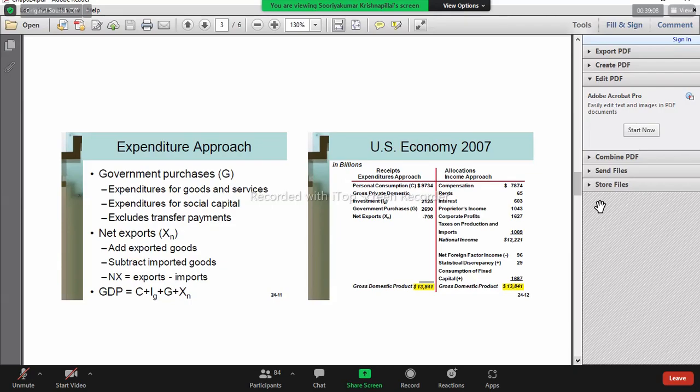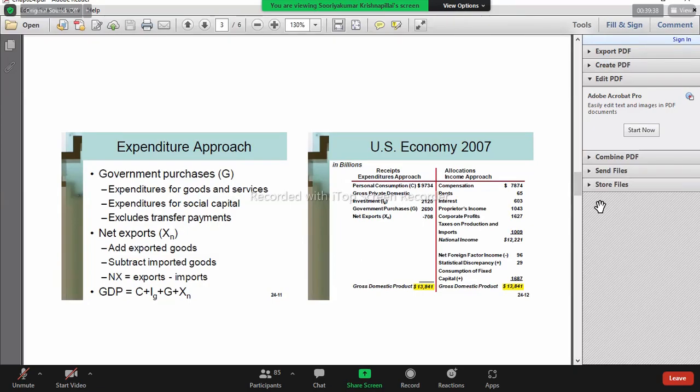If we sum up compensation, rent, interest, proprietor's income... this interest may include capital supplied in domestic production, or capital that Americans invest or provide to other countries.